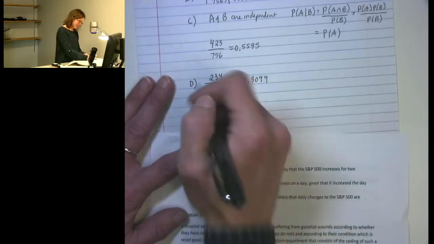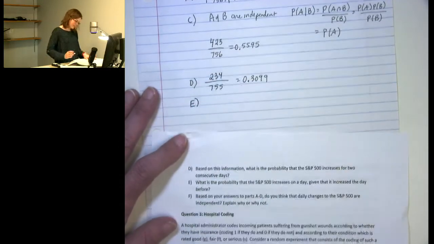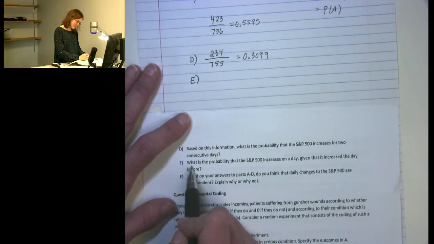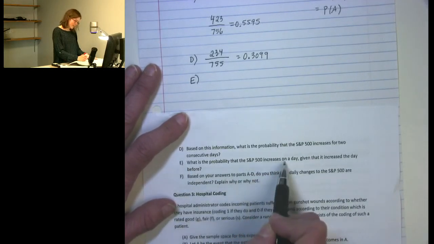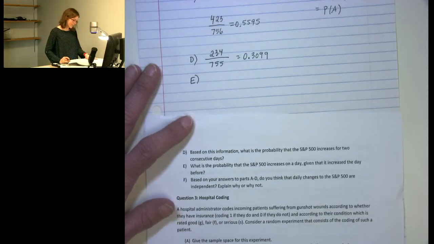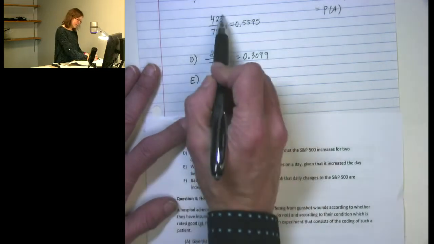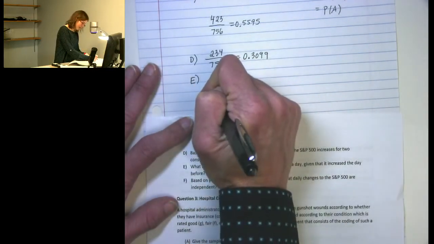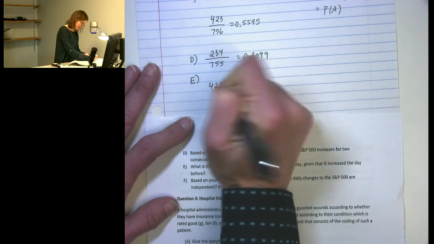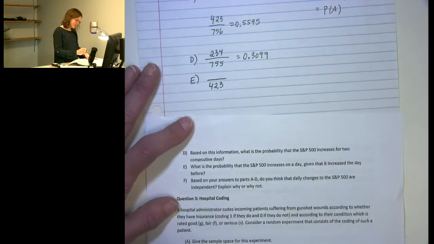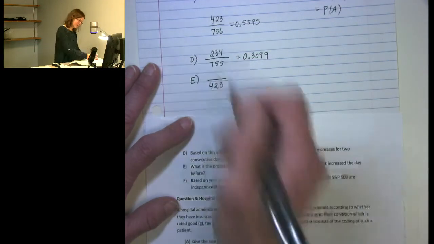Let's take a look at Part E. Part E asks, what is the probability that it increases on a day given that it increased the day before? We know that there were 423 days that it increased the day before. We also know that 234 times it increased 2 days in a row.